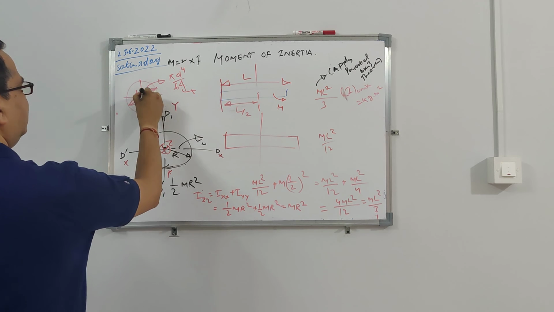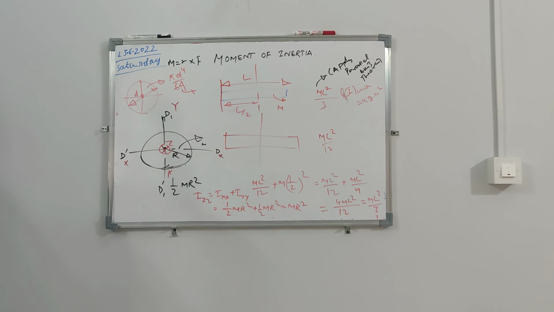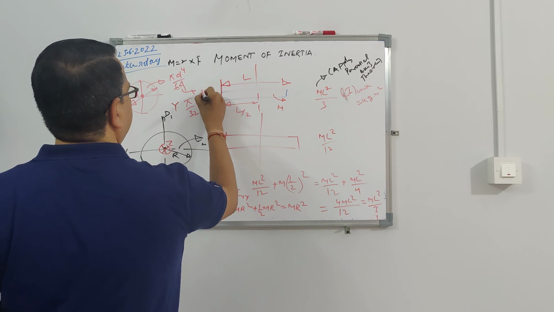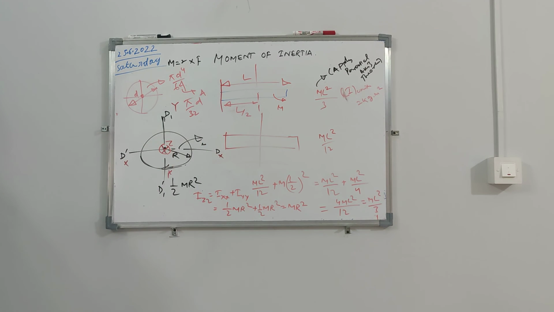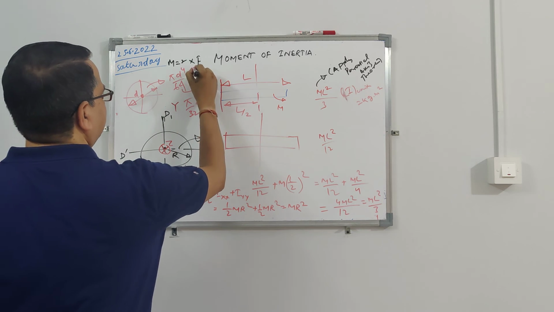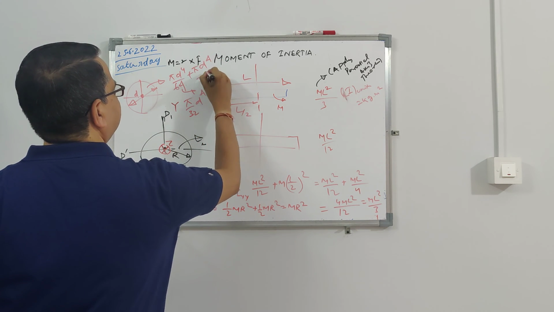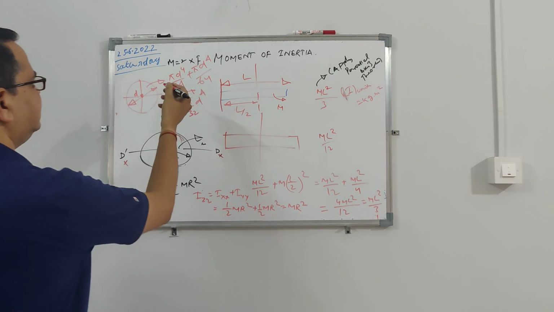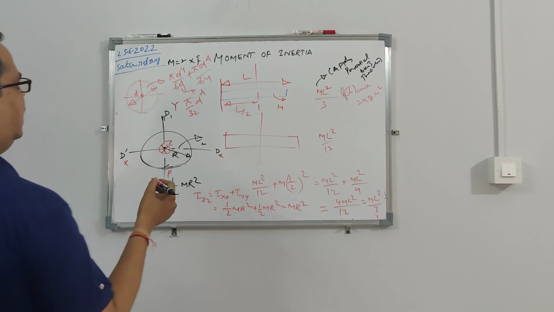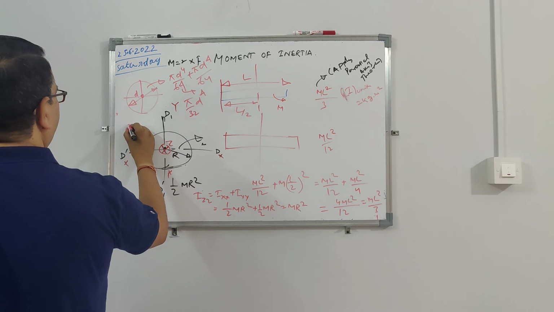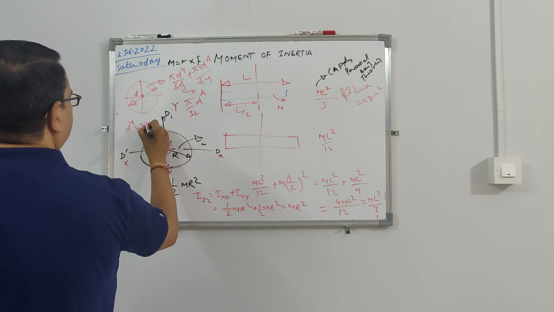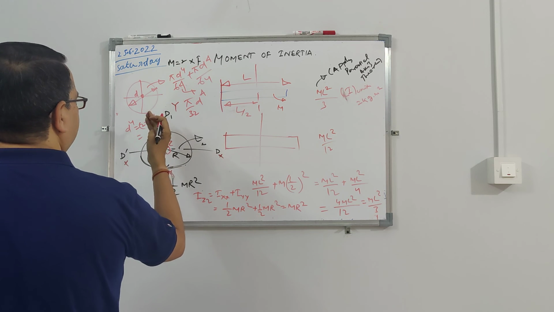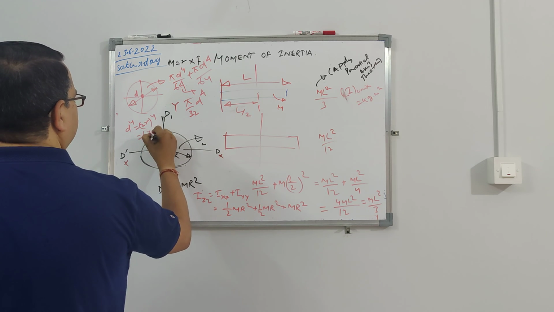Then the moment of inertia about an axis perpendicular to this will become pi by 32 d4. Just remember it is the addition pi d4 by 64 plus pi d4 by 64, by the perpendicular axis theorem. Instead of d, if you want to write it in terms of r, d4 is nothing but 2r to the power 4, which is 16 r to the power 4.